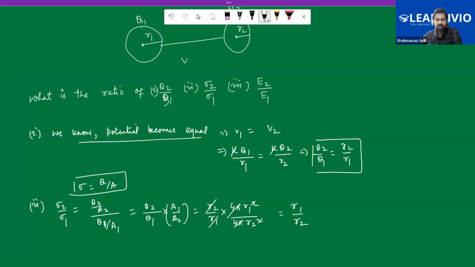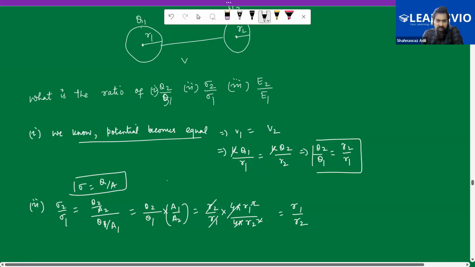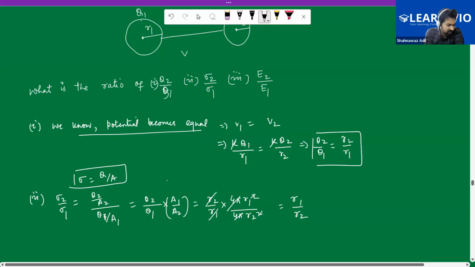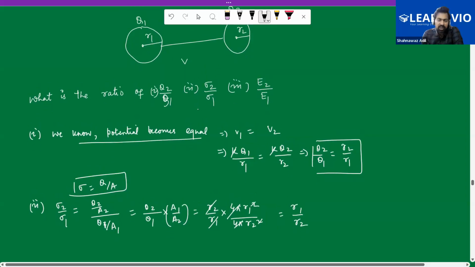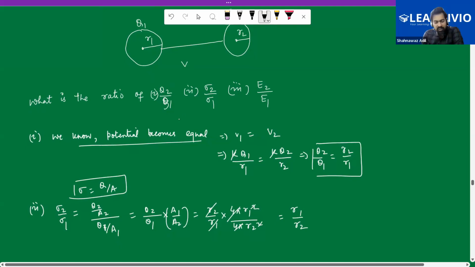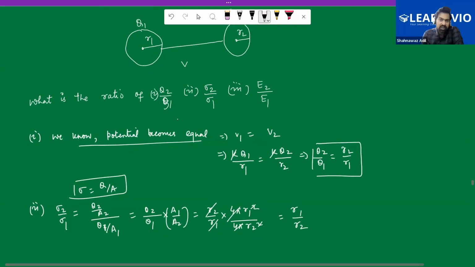And then E2 by E1 we can also find out. So let's just note down this problem. This chapter is over, and in the next class I will start electric current, and I will try to also start the other chapters as well.